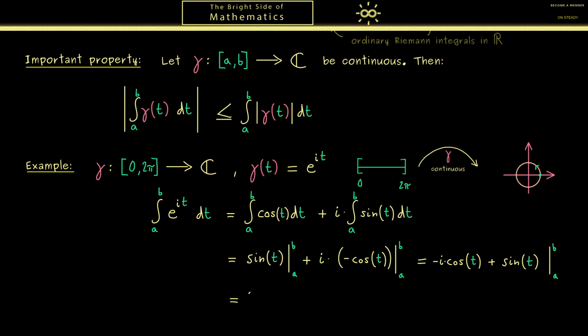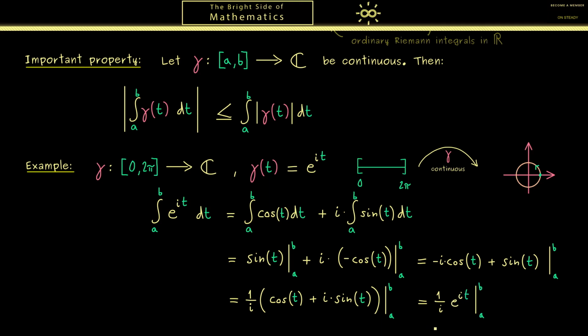In other words, we can write 1 divided by i times cosine of t plus i sine of t. And now when you see this, you should recognize this is again our exponential function. In short, it's 1 over i times the exponential function of it.